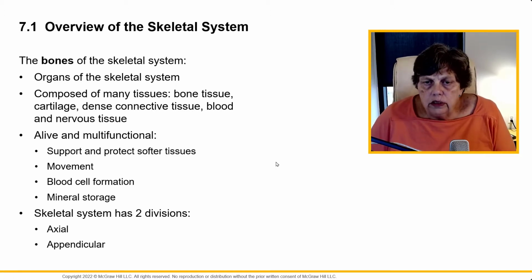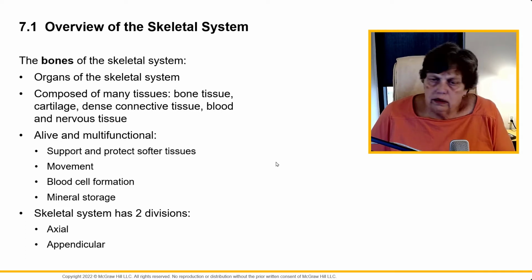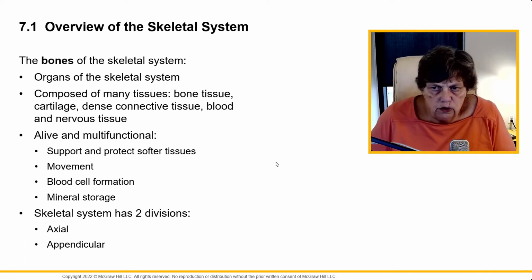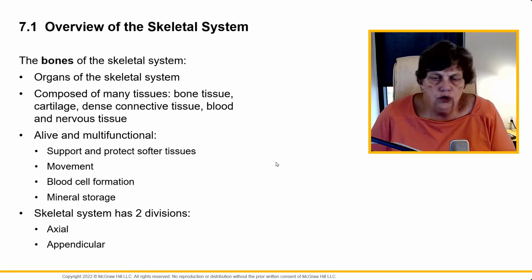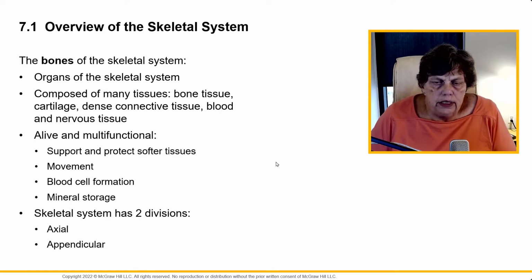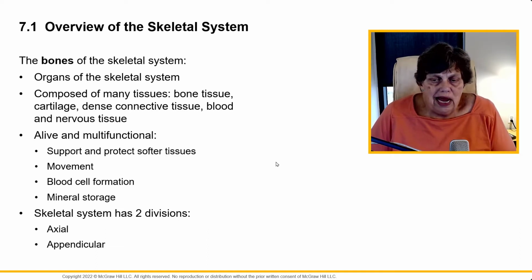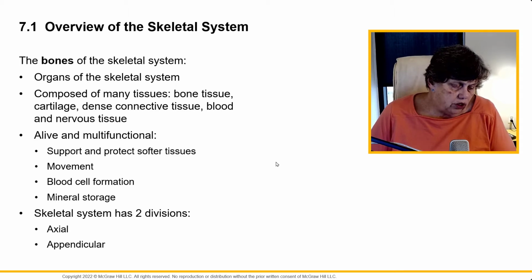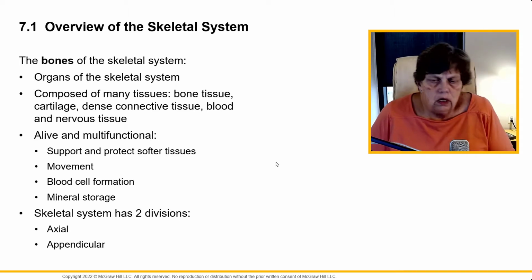This is an organ system. It is composed of a lot of different tissues: bone tissue, cartilage, dense connective tissue, blood, nervous tissue. So it is a full organ system. It is alive. It is multifunctional. Most of us realize we need the skeleton for movement. We need it to protect our softer tissues, our major organs.